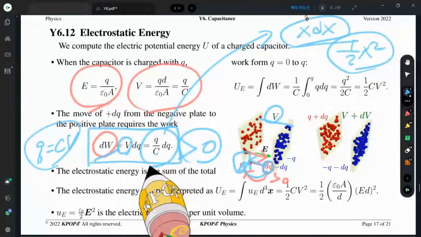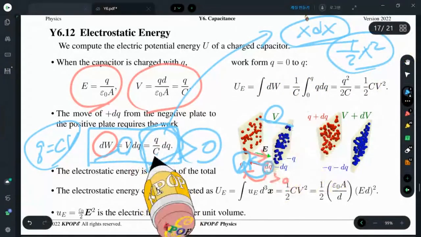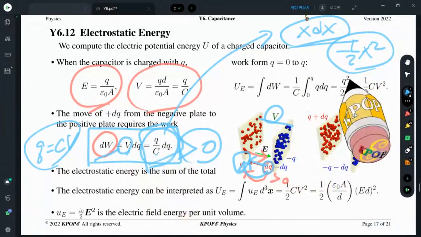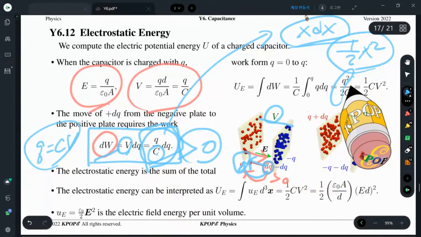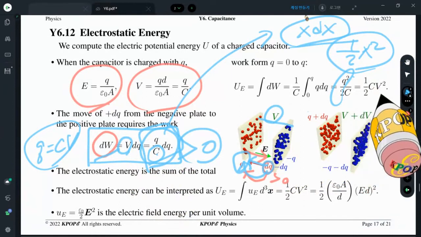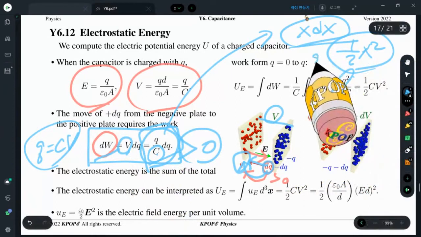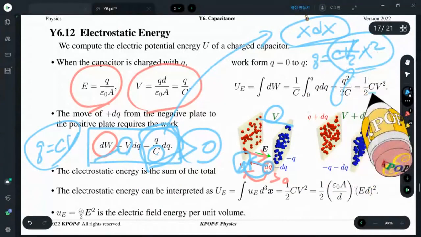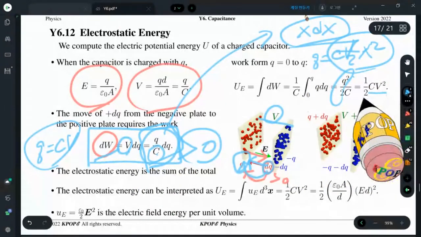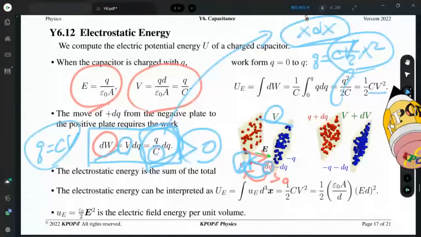Just like that, what you find is 1/2 Q squared, and you used to have a C in the denominator. Why don't you replace this Q with Q equals CV? Then it becomes 1/2 CV squared. It's just like 1/2 mv squared. So the mathematical structure is identical.